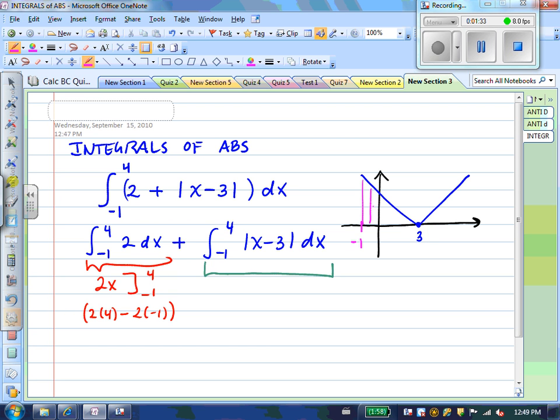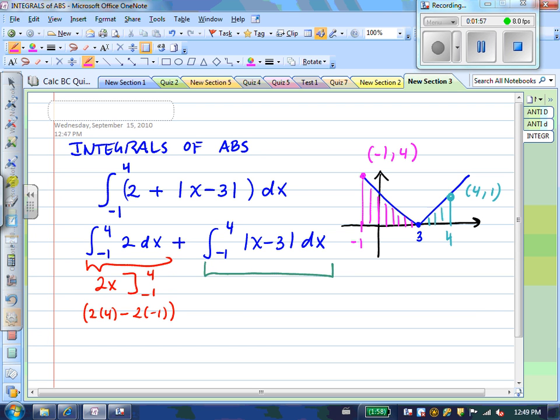But notice I can break it up as the area from -1 to 3, and then add on to that the area from 3 to 4. If you want to know the heights, for example, if you plug 4 into the equation, 4 minus 3 is 1, so there's going to be the point 4, 1. And similarly, if you plug in -1, -1 minus 3 is -4, so this is going to be -1, 4. So you can just use triangles.